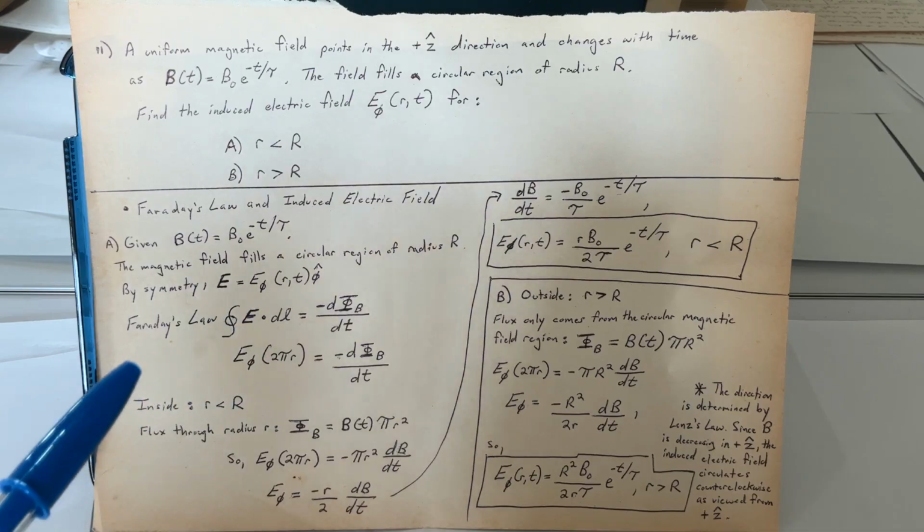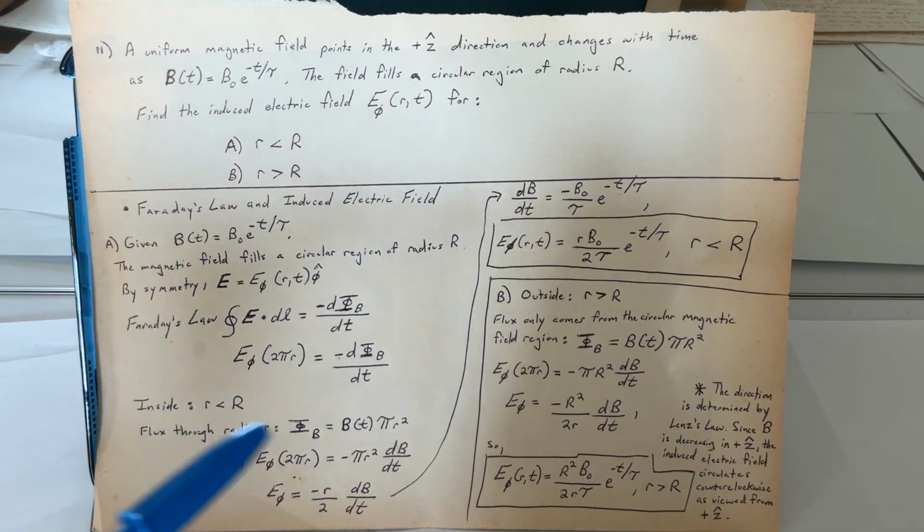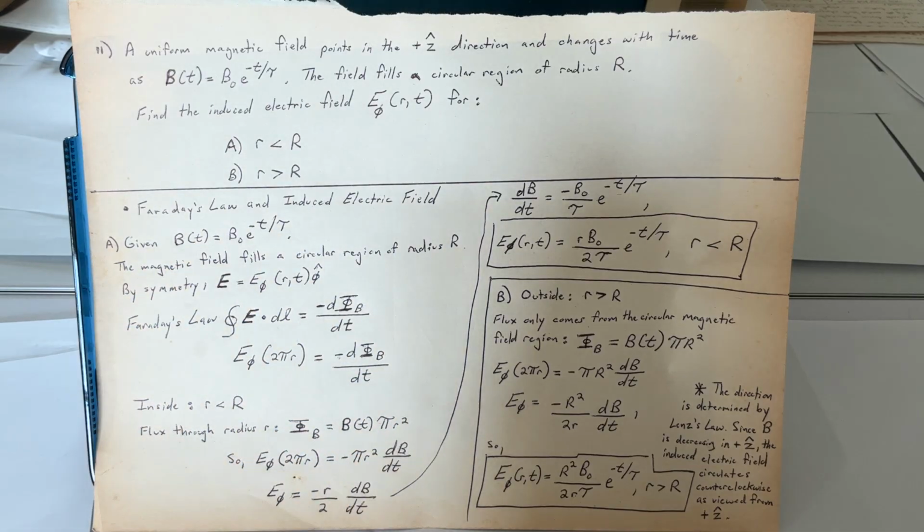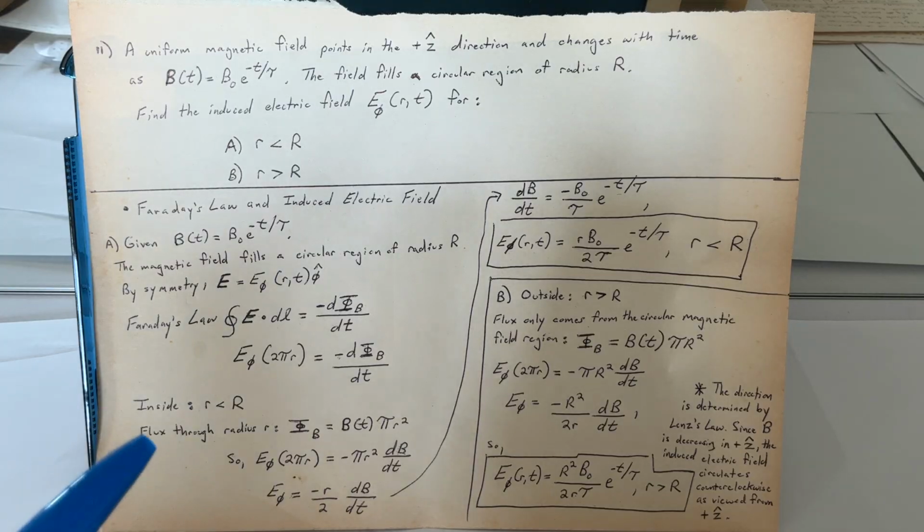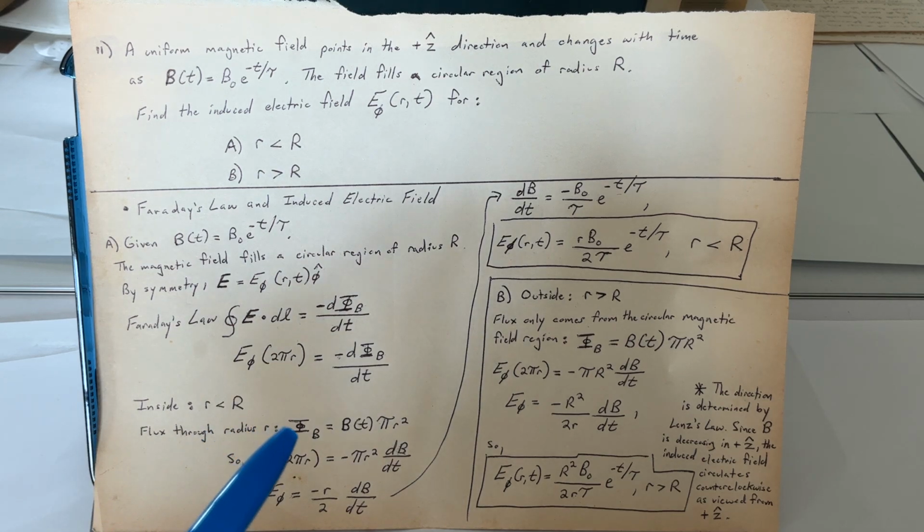Faraday's law, here it is. A very famous law. Inside, where lowercase r is less than R, we're dealing with the flux through radius r, which is equal to B of t times pi r squared. And so E sub phi times 2 pi r is going to be negative pi r squared times the derivative of the magnetic field with respect to time, dB/dt.